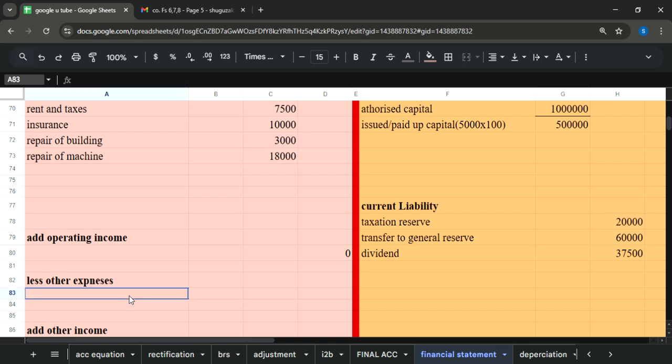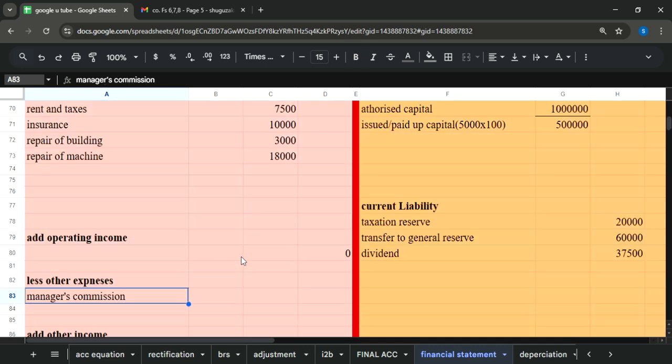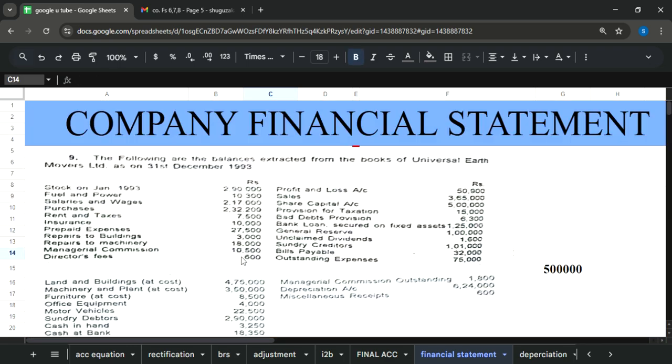So here you will mention commission, or you may write exact word manager commission. Now we will see how much amount we have paid to manager for his commission, 10,500, and you will mention it in front of other expenses side.